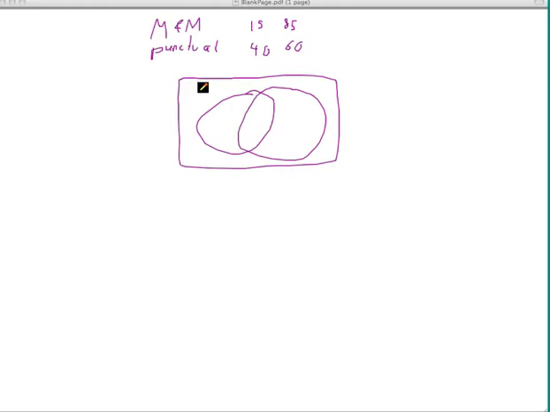They can either not happen at all, that's out here. Let's call this one the M and this one the P. They both happen in this area in the middle at, I'm going to get out my calculator just to go a little bit faster, just to cheat a little bit.